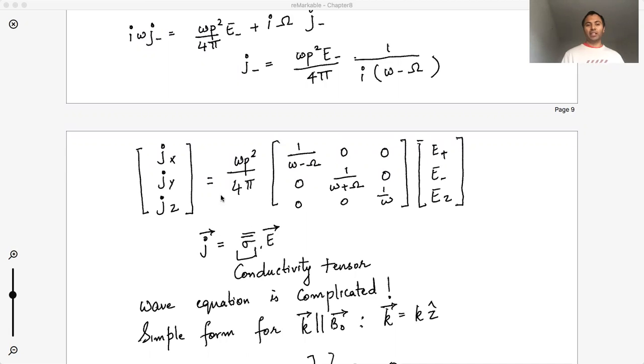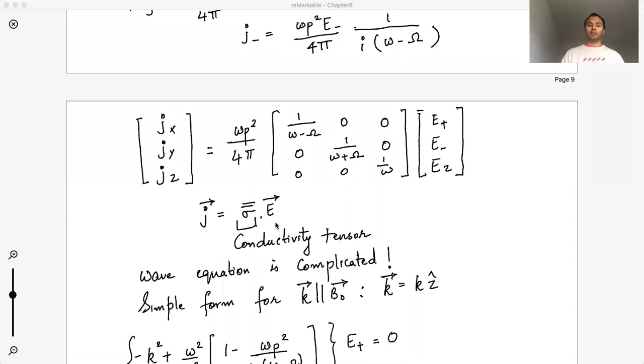So in this basis, this has to be J plus, J minus and Jz. So I made a mistake here. This is plus and minus. So it'll turn out that J plus is always parallel to E plus, J plus always scales with E plus, J minus scales with E minus. But of course, the scaling is different, right? So there's a sign difference here.